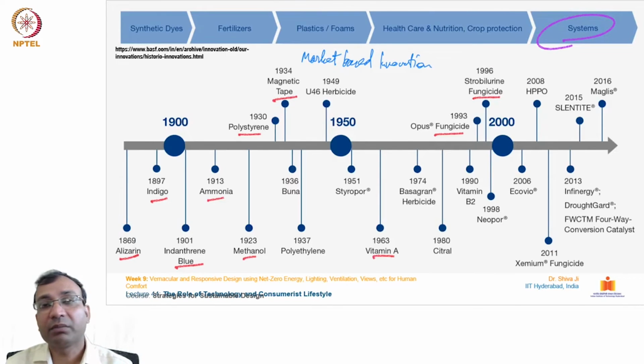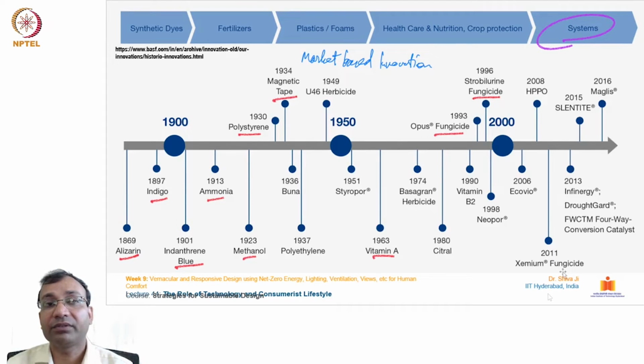You see this table over here. This is taken from the BASF website. From 1869 onwards, they have listed disruptive, innovative products, the materials that this company has launched in the market, and these are the materials that have facilitated several types of adoptions and products in the market later on.